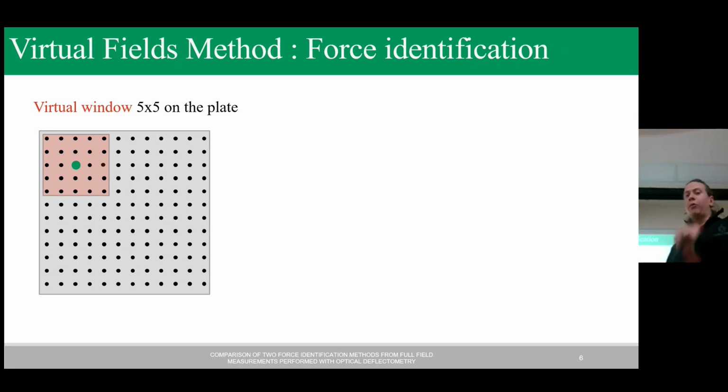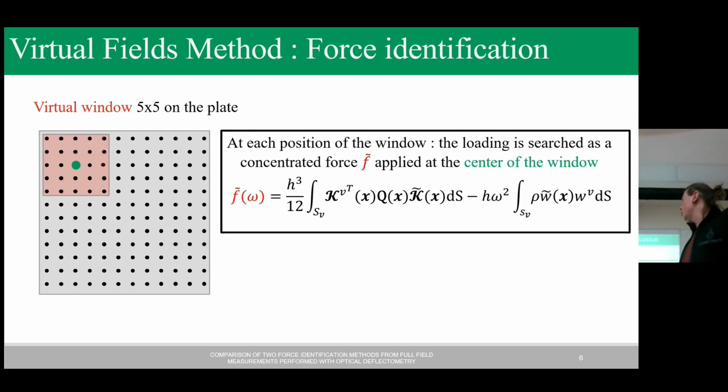What we do is that we resolve the principle of virtual work over the small red area corresponding to the virtual window, and we identify a force applied at the center of this window. We might just identify the force as a pressure applied all over the window, but in our case, we made the choice to integrate this pressure and to only retain a small force applied at the center of the window.